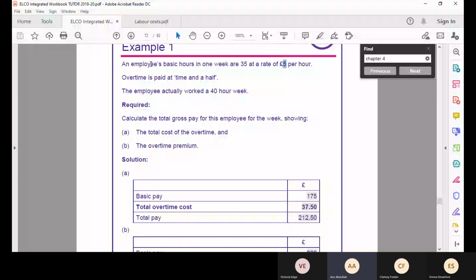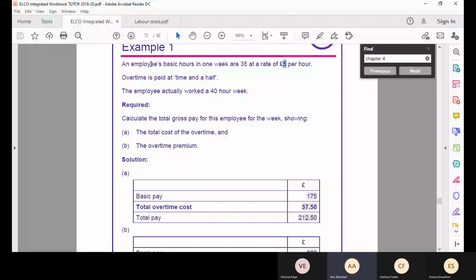In another way, there are two ways to calculate it. We can calculate just the pure contracted hours, which is 35 times £5 equals £175, then calculate the 5 hours separately, 5 times £7.50, which is £37.50.